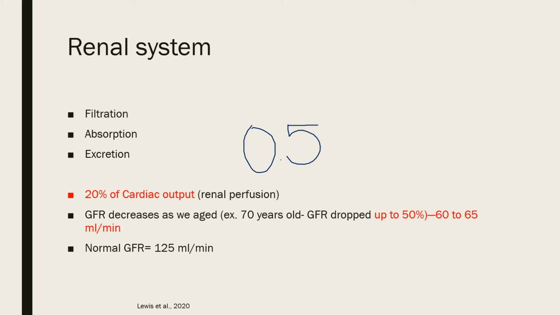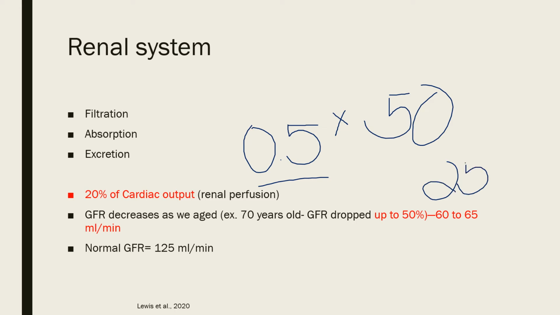So if we multiply 0.5 by 50 kilograms, the answer would be 25. So for a patient that weighs 50 kilograms, 25 ml per hour is a normal urine output for that client.